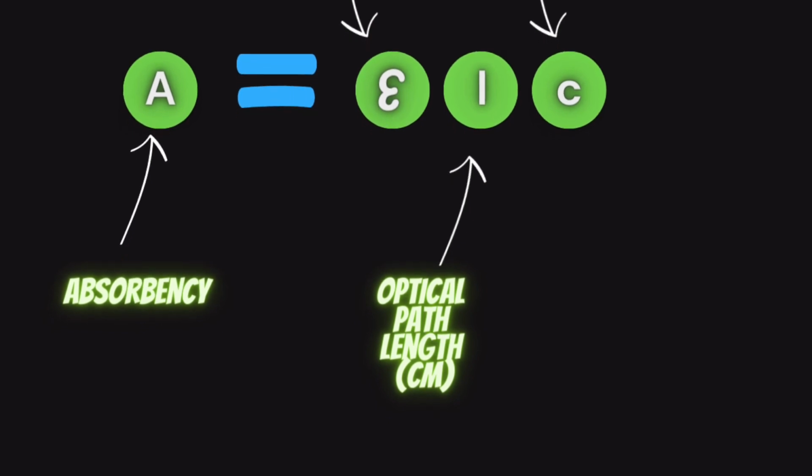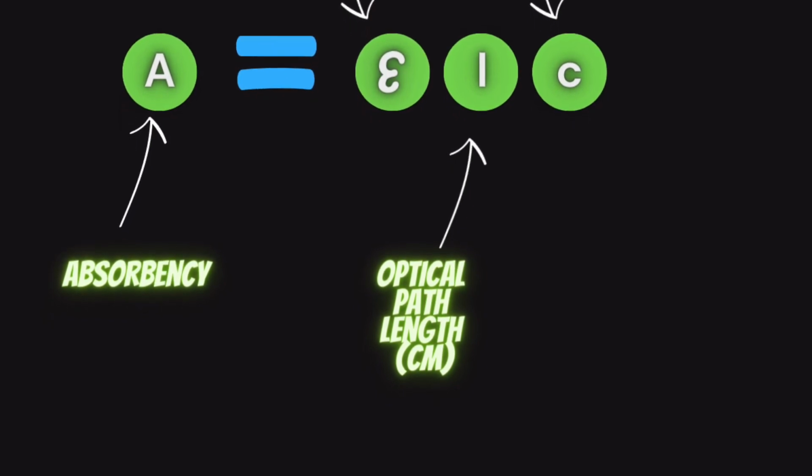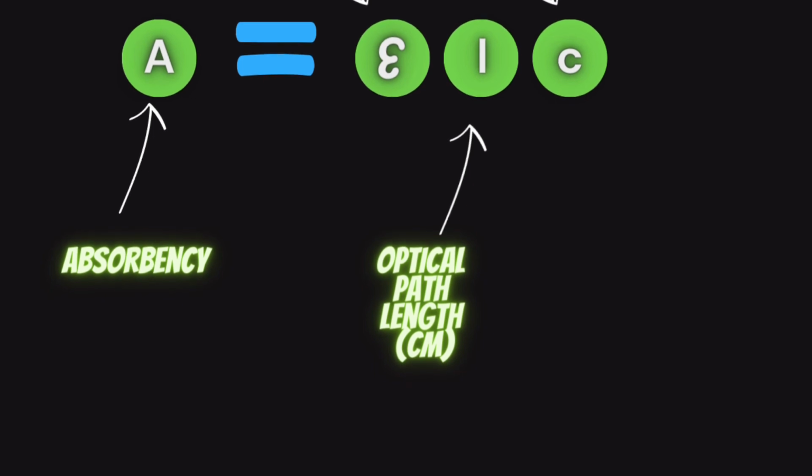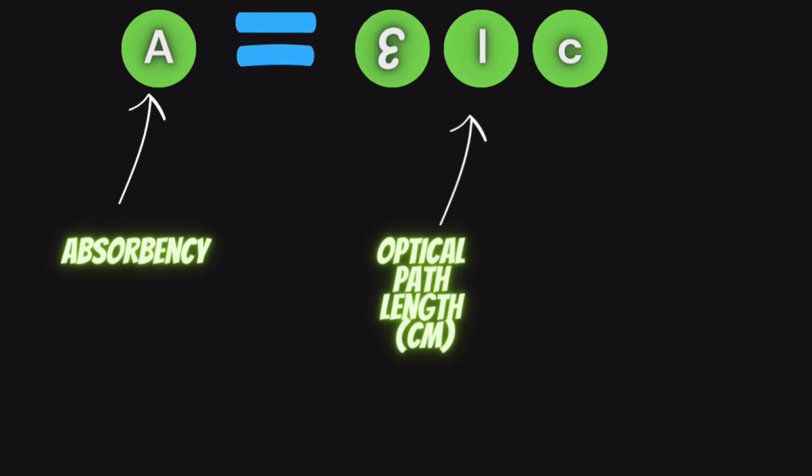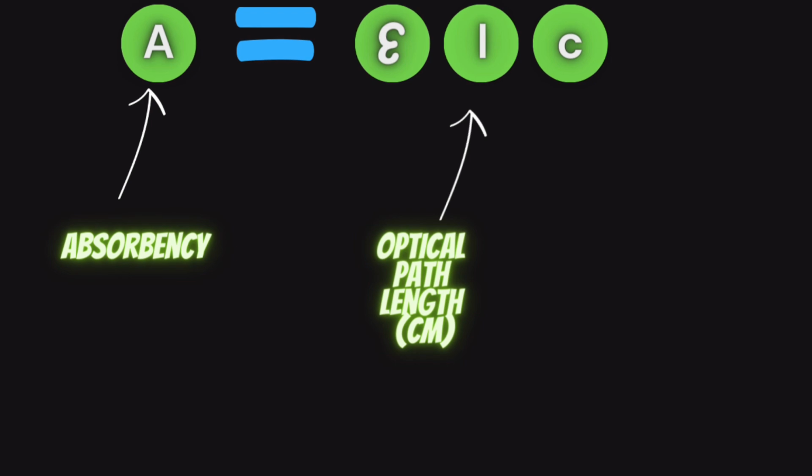These come together to act as the slope of our function. Lastly, C represents the concentration of our sample, which is either known or solved using this law.